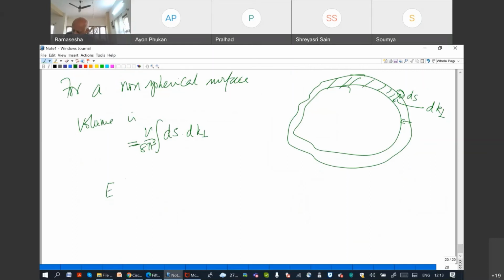E of k plus dk is equal to E of k plus dk perpendicular times grad E at that point, because grad E is the differential. This is the Taylor series expansion.